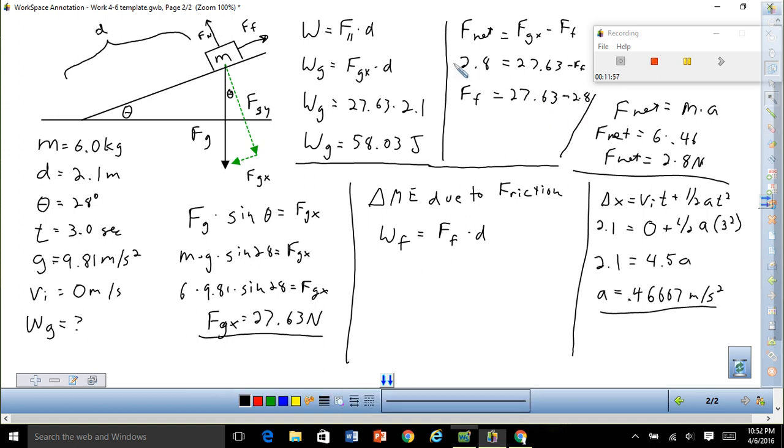There we go. Remember, subtracting 2.8 from each side. Sorry about that. As we do that, we'll find that Ff is equal to 27.63 minus 2.8, and we end up with 24.8331.